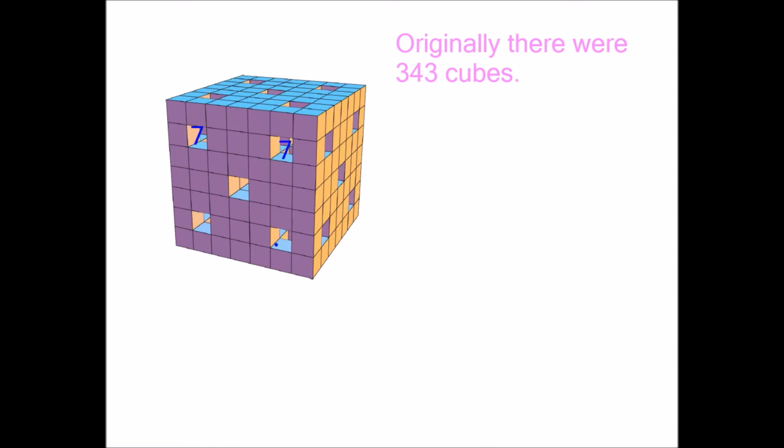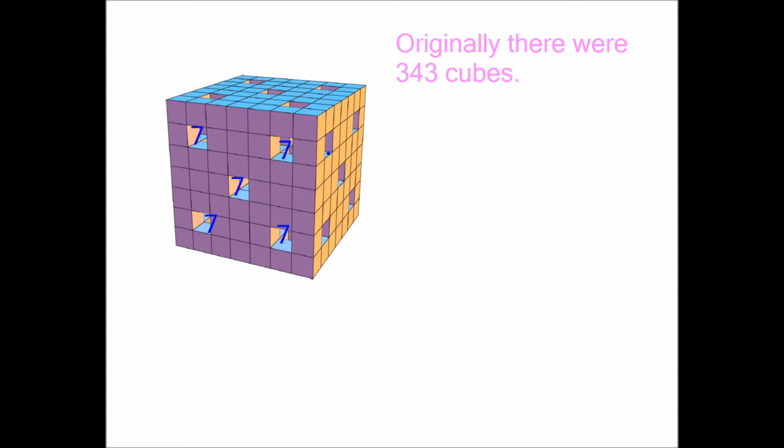The same thing goes on and on. So you're going to lose altogether 5 times 7, 35 cubes for the first set of 5 holes.